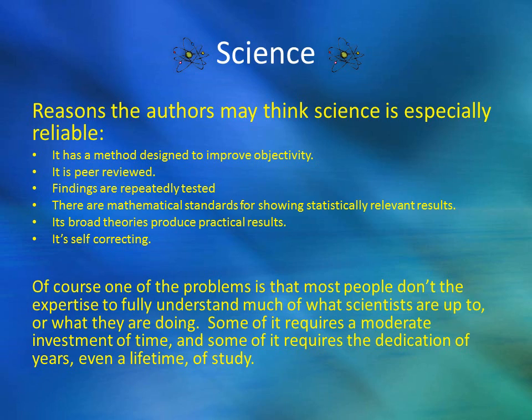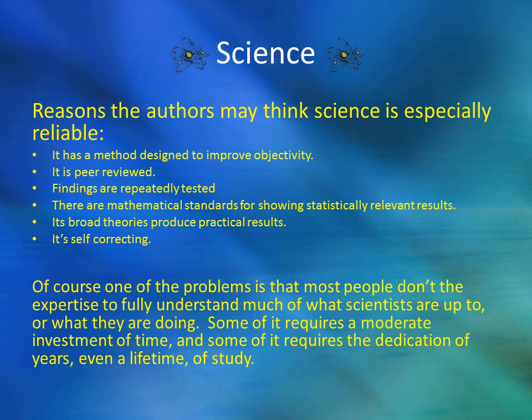Science. The authors think science is especially reliable, and there are some reasons for this. Science has a method designed to improve objectivity, the scientific method. It's peer-reviewed. Other experts investigate the findings of original scientists and make sure that the findings are correct. These findings are repeatedly tested, and so forth.